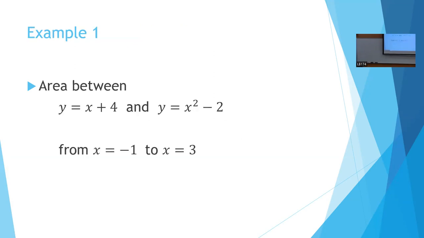So let's take a look at this. We want to find the area between these two curves, Y equals X plus 4 and Y equals X squared minus 2, from X of -1 to X of +3.